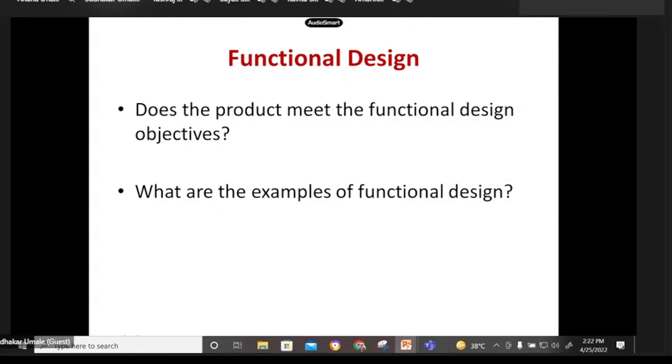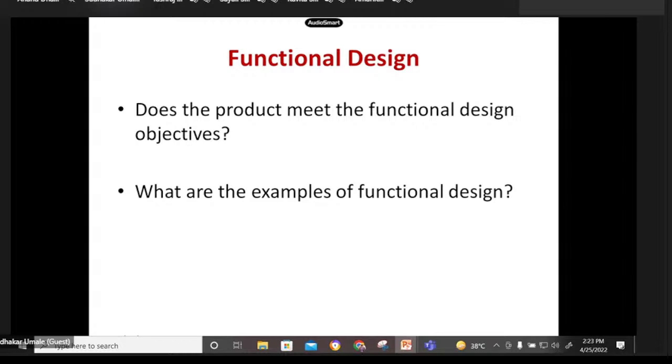If you are able to answer it, meanwhile you note down this and you answer me last. Does the product meet the functional design objectives? Before start of design of any prototype or design process, we have to write the objectives and you have to follow those objectives, goals. Then you get the correct prototype.